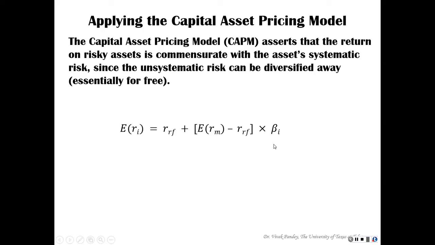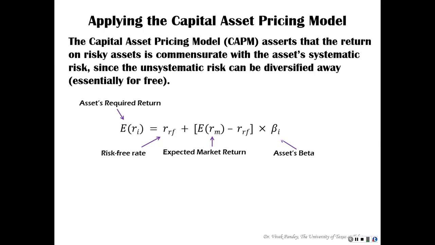So there's a linear relationship between expected return and the beta of an asset, right? So that's the asset's required return. That's the risk-free rate. That's the expected market return. That's the asset's beta. That's the market risk premium. Anything you can get above and beyond the risk-free rate is the risk premium, right?